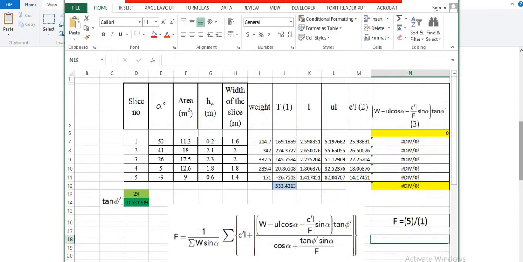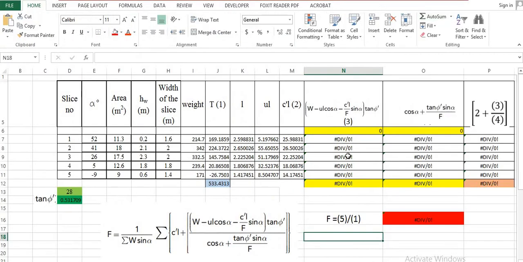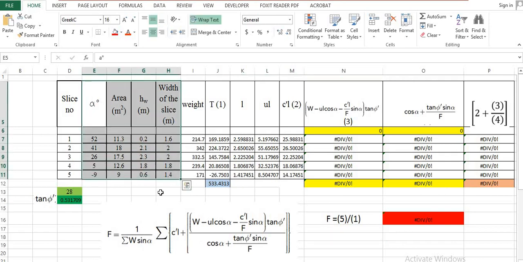So I'm going to go to the second sheet, right? So here we have the equation. I have carefully created different columns for each part, right? You can see this part is the same as the previous table, but this also has L, UL, C dash L. But this part you can see represents this whole thing, right?